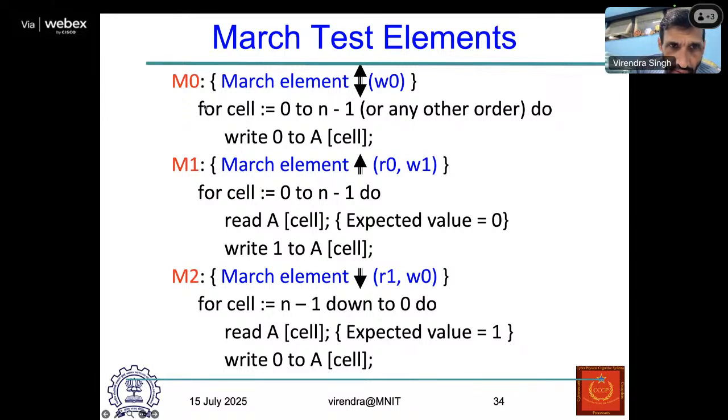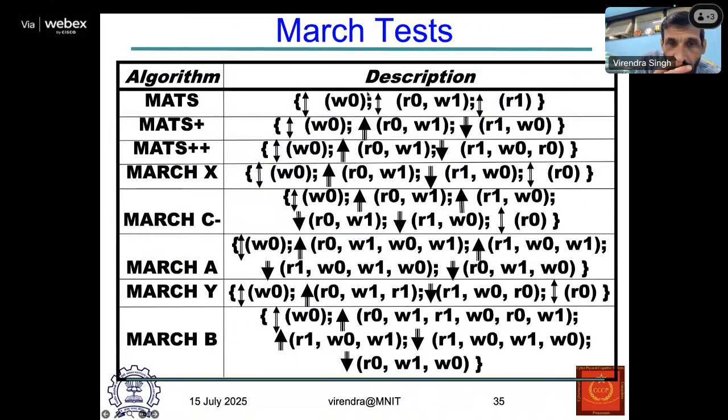Now if I use this 4n test, the March M0, there are multiple tests. I'll come back. This first test that I told you is called MATS, a marching algorithm. First you write 0 in all cells, then you read 0 and write 1 in increasing order of addressing, and then you read the stored value in the reverse order, March M1.